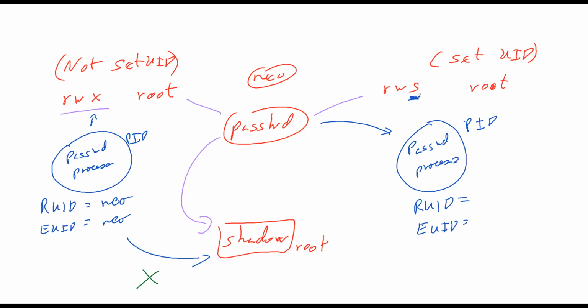This time around, because the setuid bit has been set, and to set it you have to run the command, I think it's chmod 4755, and then the file, let's say passwd. I believe that's the one.